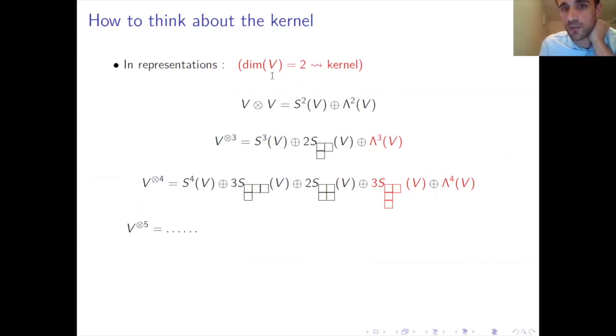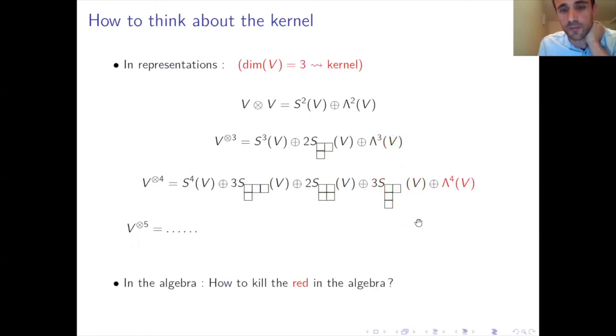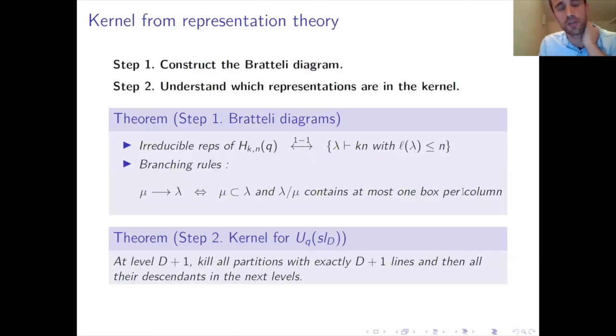So when the dimension is small, some representation disappears. That's the main message here. So from an algebraic point of view, how can we kill the red representations directly inside the algebra? That's the main question.